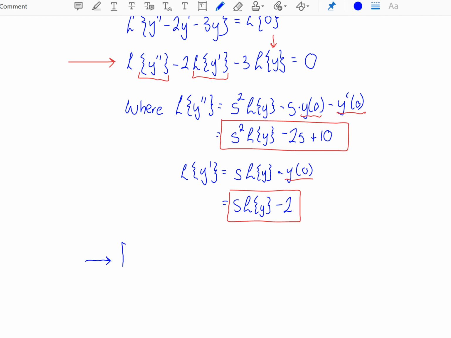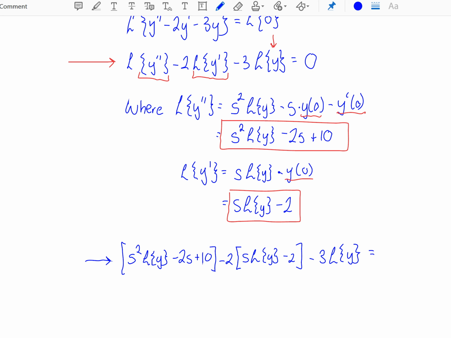So the Laplace of y double prime was going to be s squared Laplace of y minus 2s plus 10, minus 2 times the Laplace of y prime, which is s Laplace of y minus 2, minus 3 times the Laplace of y, and this all has to equal 0.